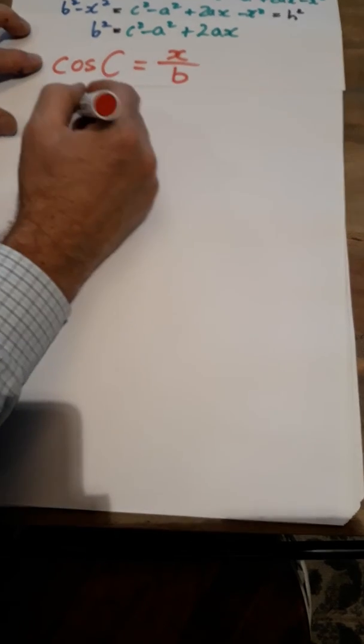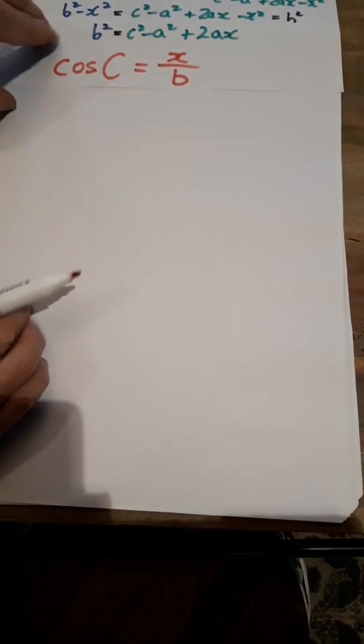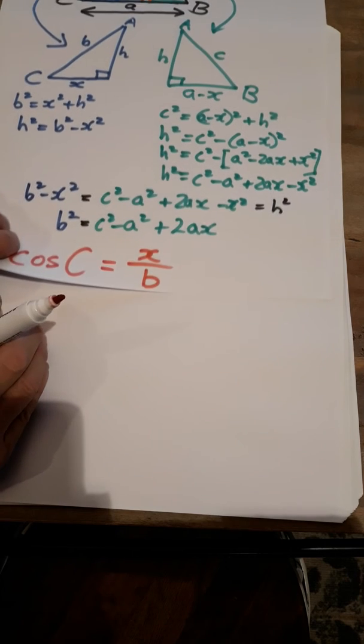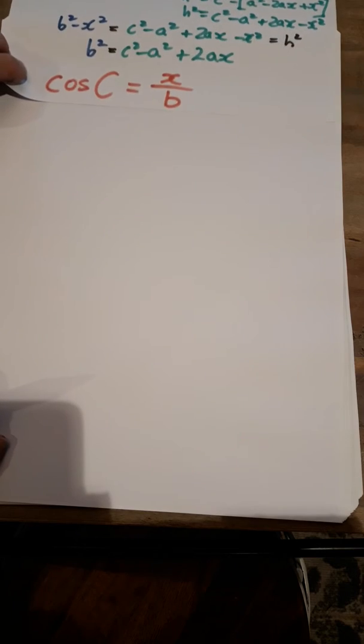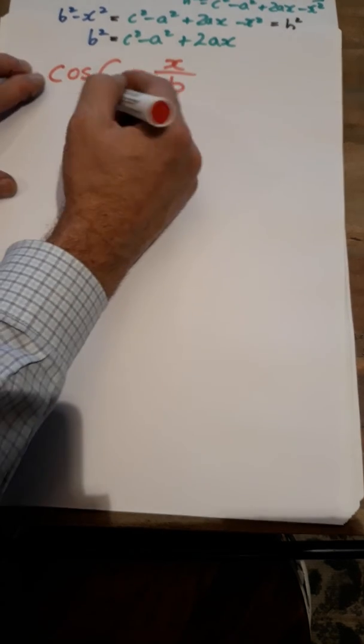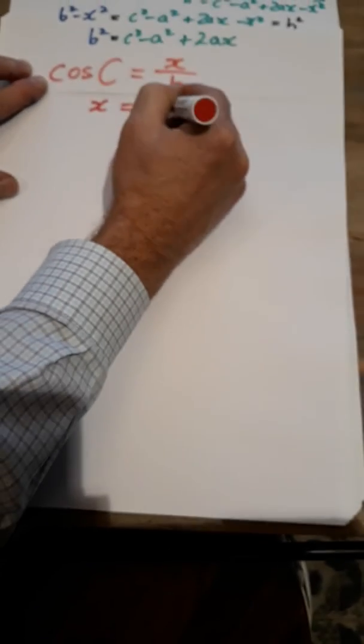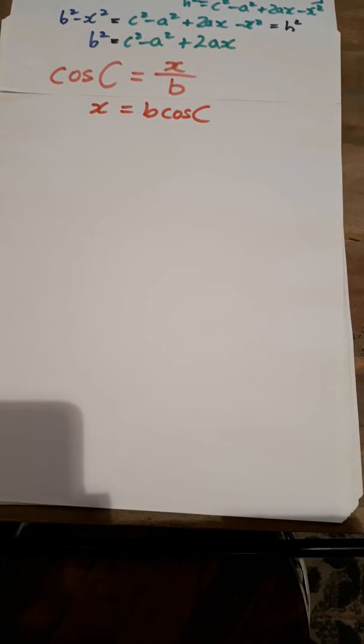That's because we were dealing with this triangle, which I'll just bring back down into vision. Here, cos of angle C is adjacent on hypotenuse. Cos C equals x over b. Okay, so I can rearrange that. That means that x equals b cos C.